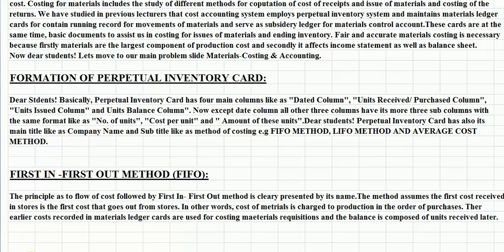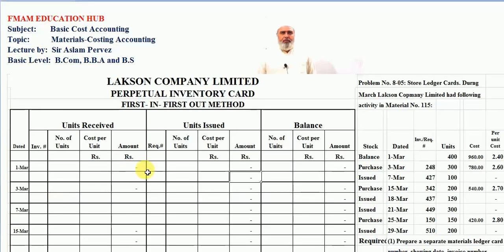Now we again move to the main slide. Students, you are looking at the format of the perpetual inventory card. It has four main columns: date, units received, units issued, and balance.